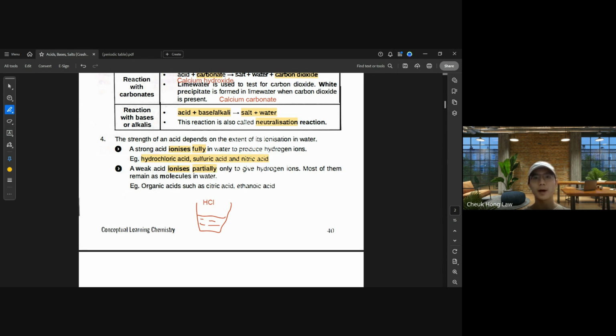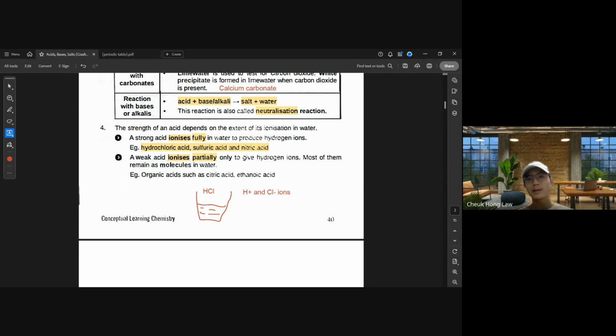Strong acids ionize fully, so the whole HCl molecule will turn into H plus ions and Cl minus ions. It will completely turn into ions. That is a strong acid.